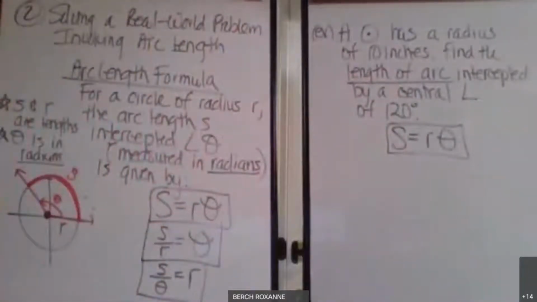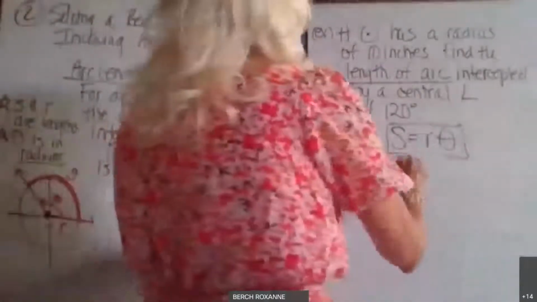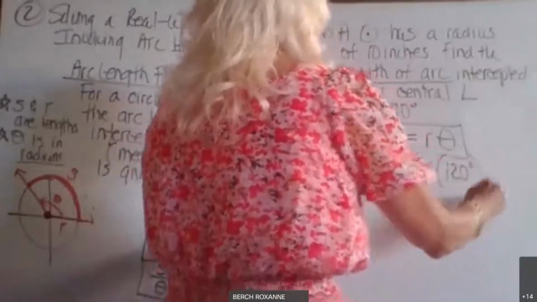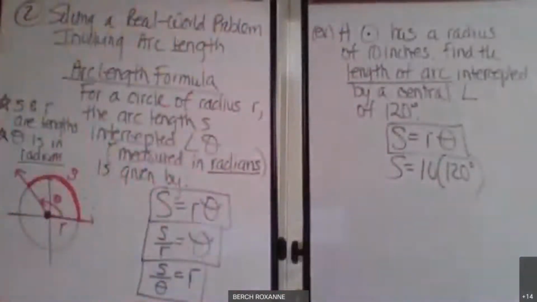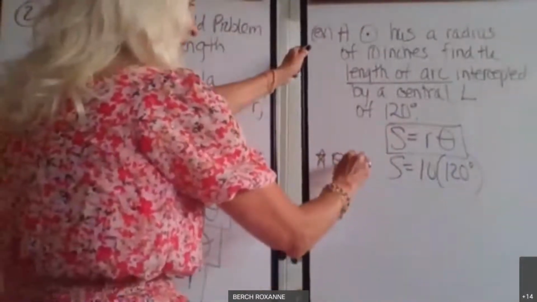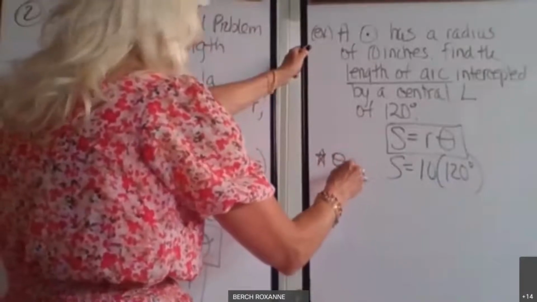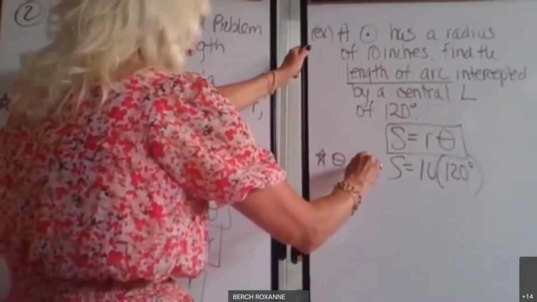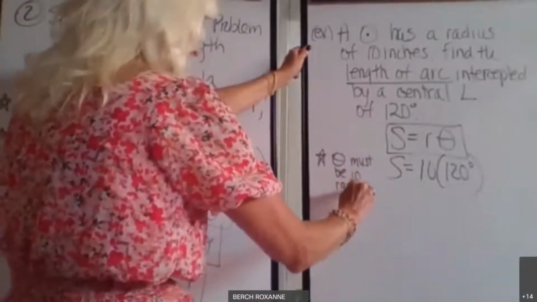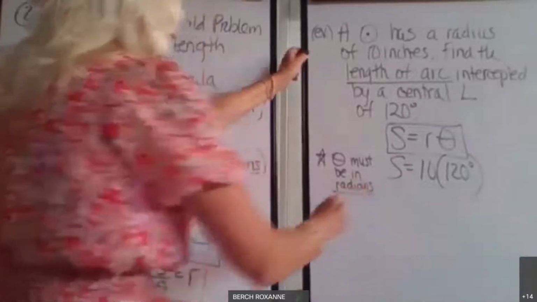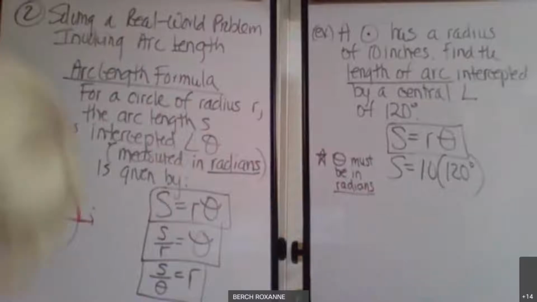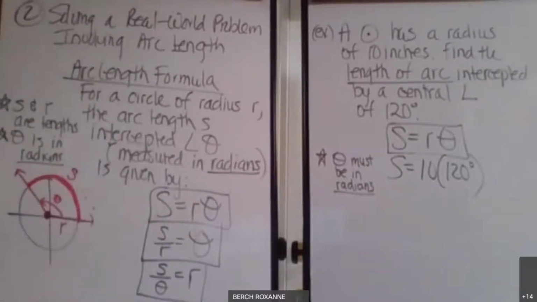So this seems easy enough. The arc length is equal to the radius times 120 degrees. Only one problem. Remember that the angle must be in radians, right?